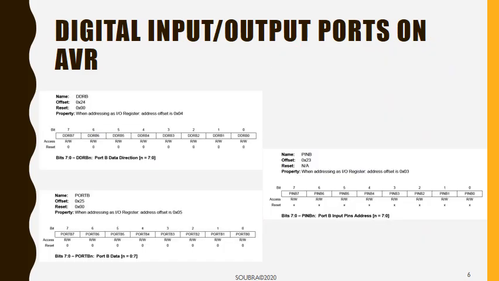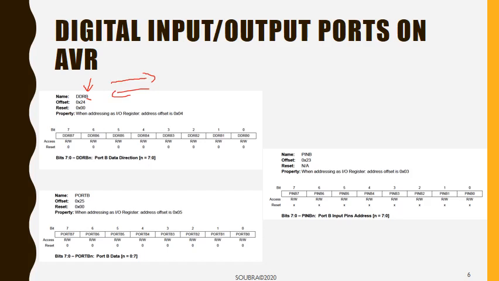Alright, so here we're seeing an example. From which register, from which port? Well, all you have to do is read this screenshot from the datasheet. So here we're talking about DDRB, so this concerns port B. The DDR is used in order to choose whether we want it an input or an output.